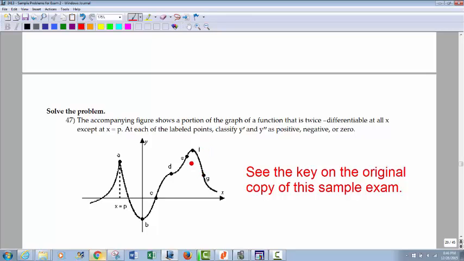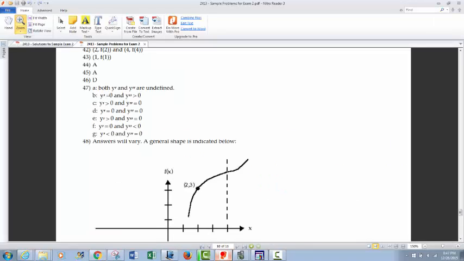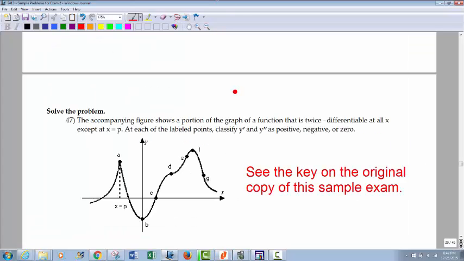Come down here to G, negative tangent slope, so f prime of G would be negative, and G is another inflection point, so f double prime of G would be 0, changing from concave down to concave up. Hopefully that helped clarify things a little bit.